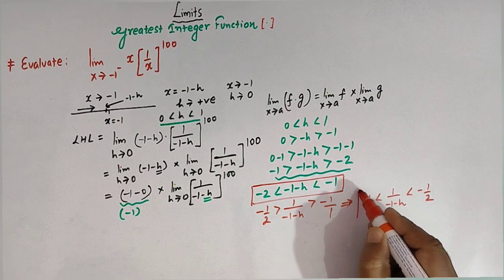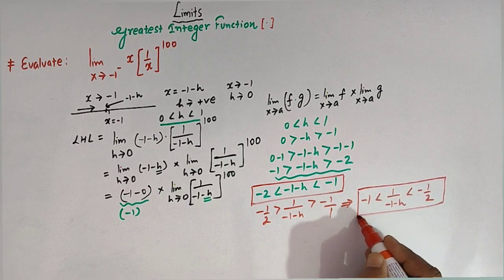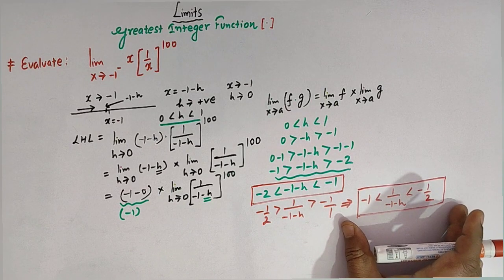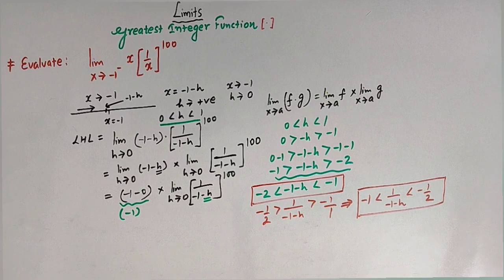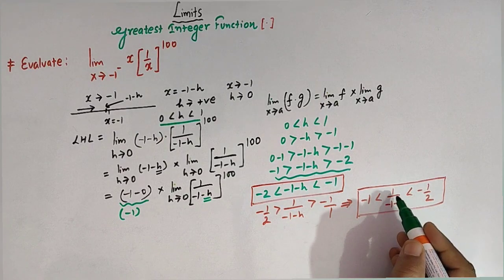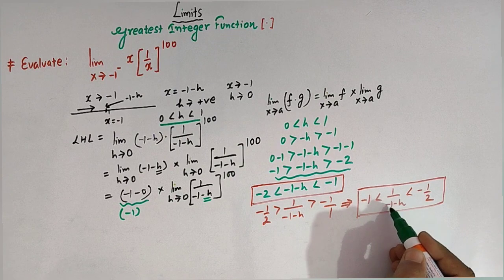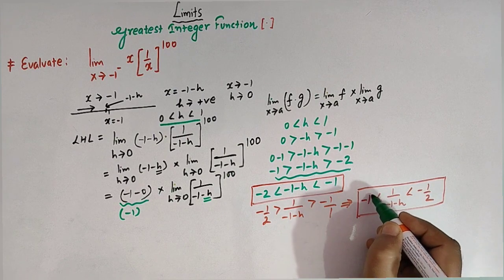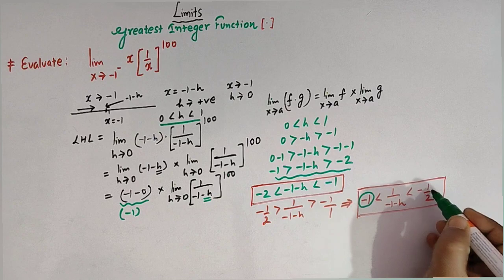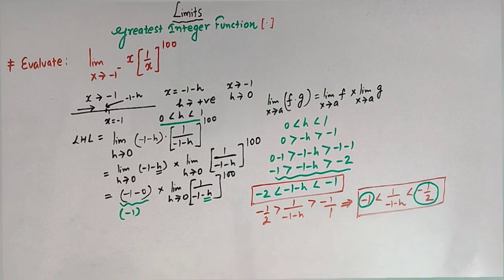Now we have arrived at a very important inequality: this quantity 1 over minus 1 minus h lies between minus 1 and minus half.